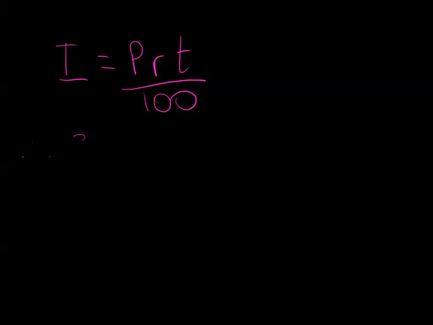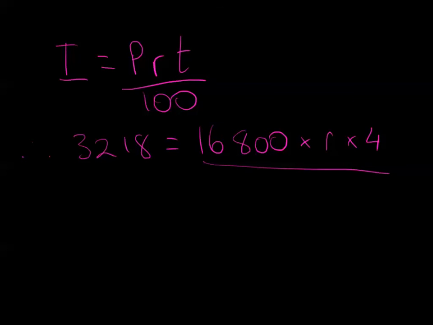Therefore, 3,218 equals our principal, which was 16,800, multiplied by R multiplied by 4 divided by 100. Now at this point we need to use our understanding of algebra in order to find our unknown variable, which in this case is R.